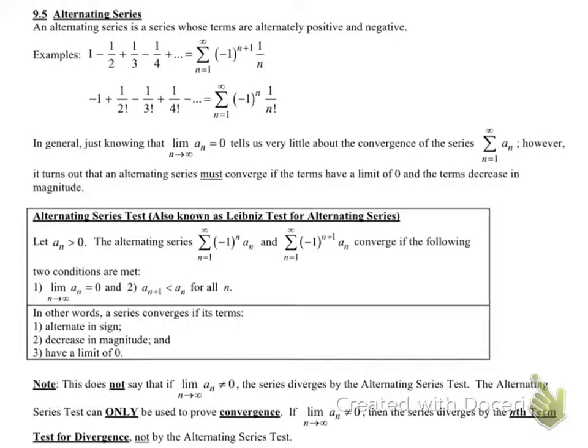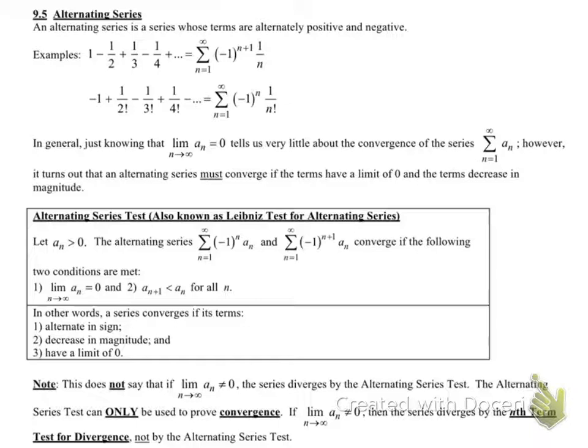It is important that you remember both of those terms for the AP exam because you will not be able to look them up. So you need to remember this entire blurb in front of you. So let a sub n be larger than 0. Then the alternating series, as is stated in front of you, converges if the following two conditions are met.